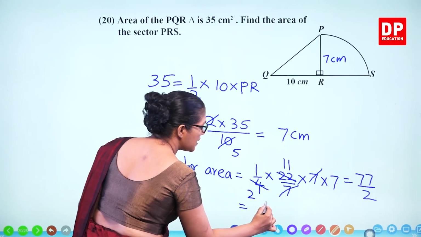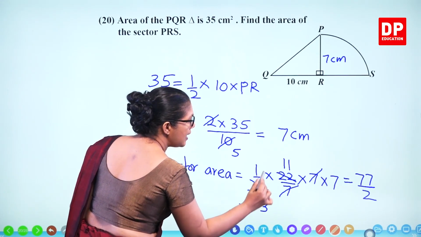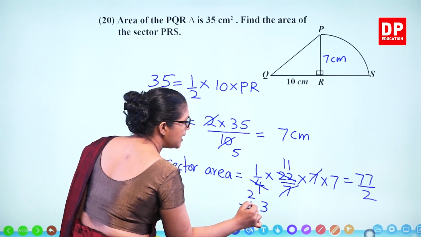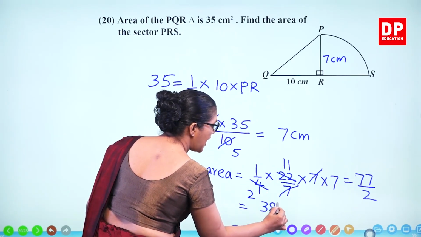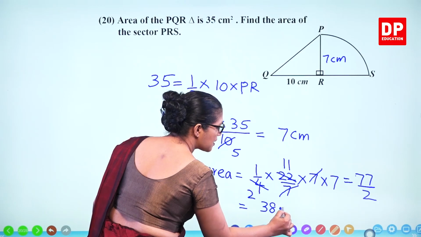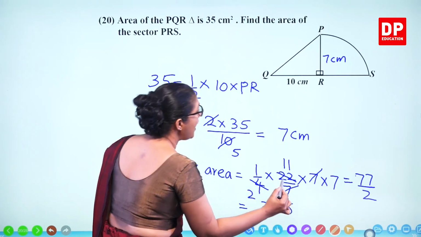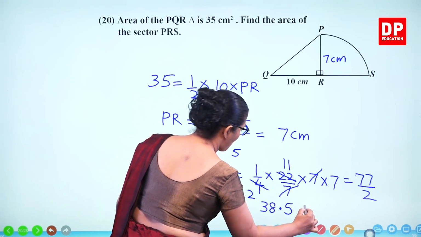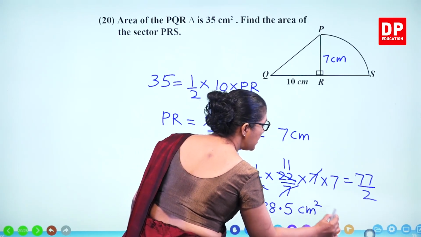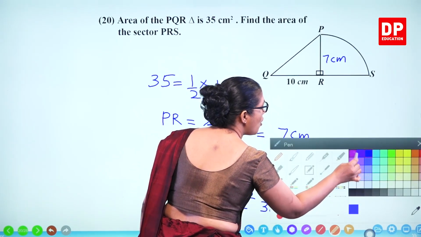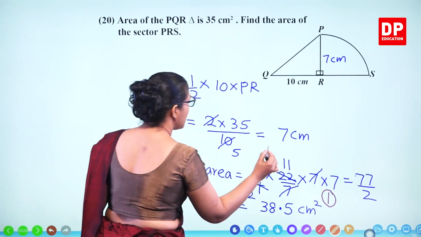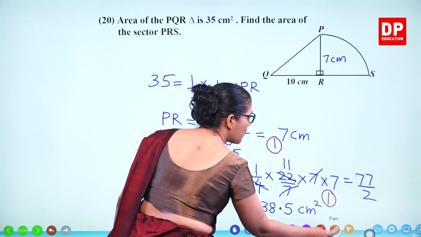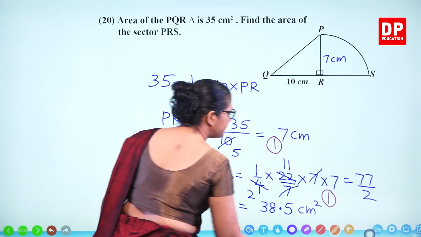So you get 38.5 square centimeters, because this is about area. So 1 mark for the answer and 1 mark for the method.